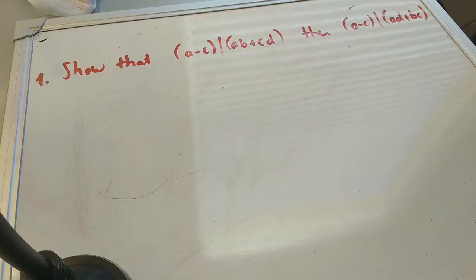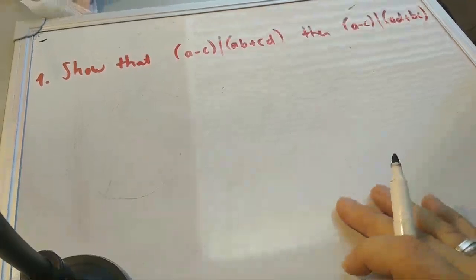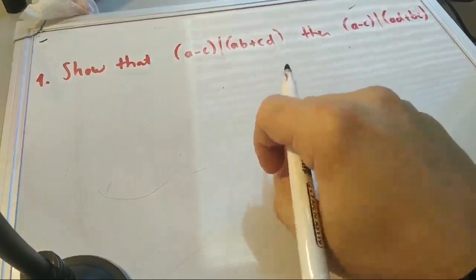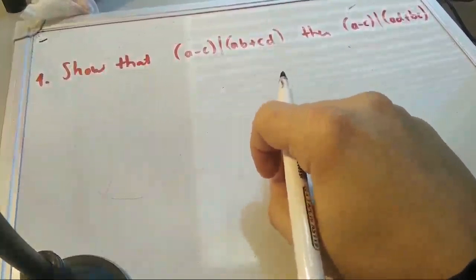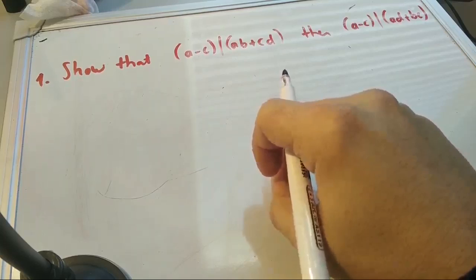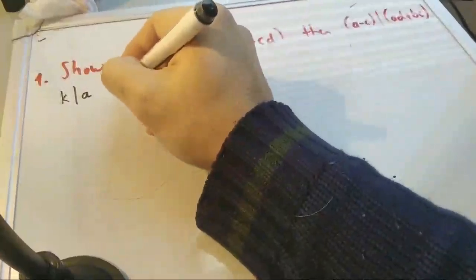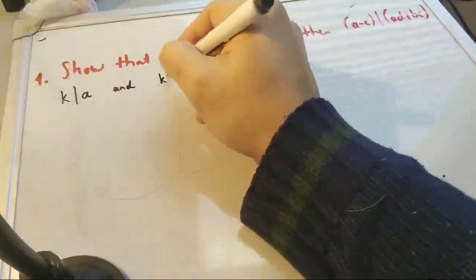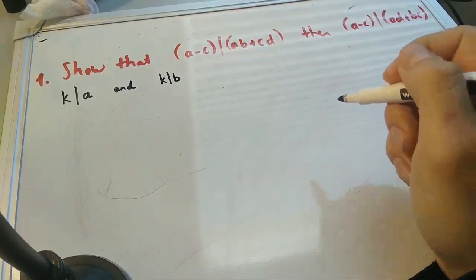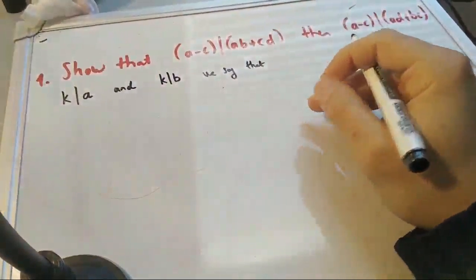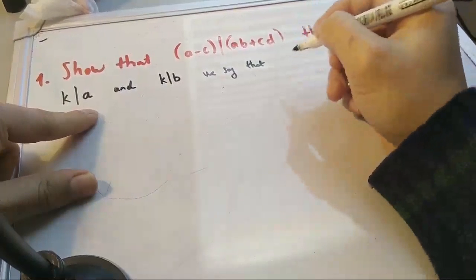Is there anybody with an idea? In the division algorithm, if I say a is divisible by k and b is divisible by k, we can say that a plus b and a minus b are also divisible by k.